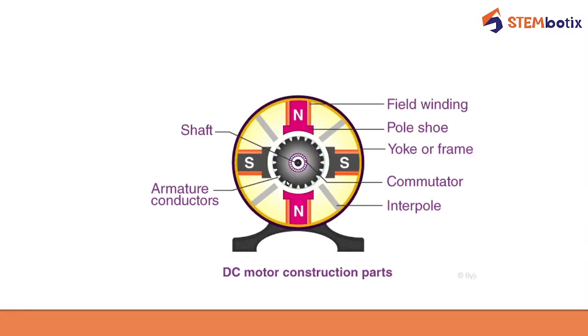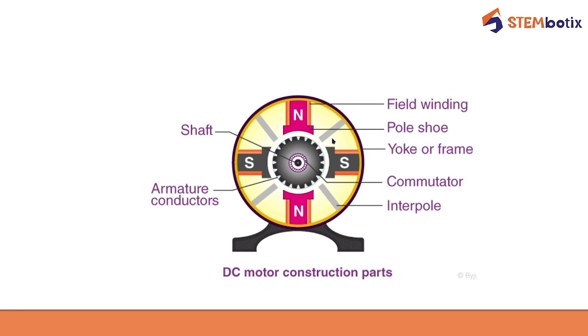So in this middle area, there is a shaft which starts rotating whenever a supply is connected. Then there is a pole shoe. These are the armature conductors. This is a magnet. This outer part is the field winding.